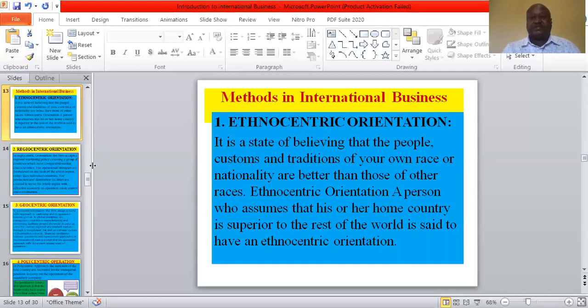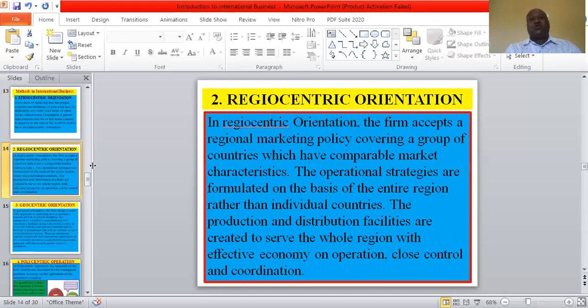Ethnocentric orientation is where a person assumes that his or her home is superior to the rest of the world. Okay? So I will believe that in my country, we are the best, we have the best things. It's a kind of jingoistic situation where you think that you are the best and others are not measured to your standard. Two, we have regional centric orientation.